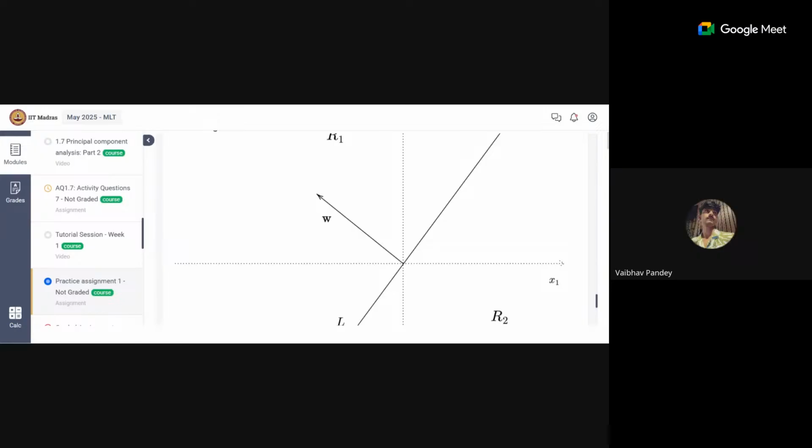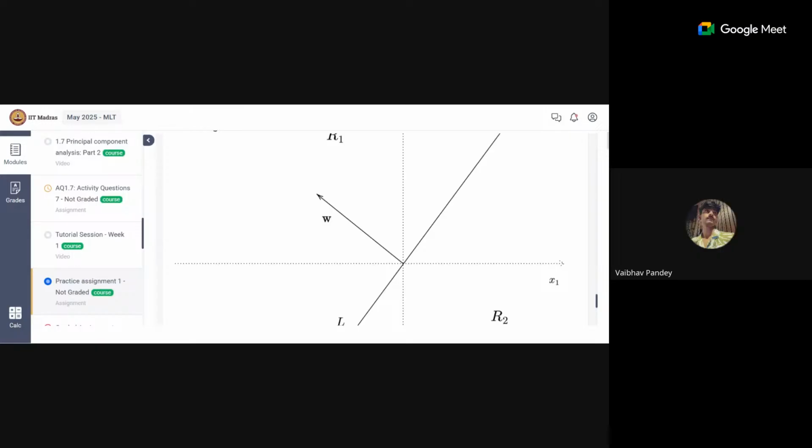Yes, ma'am. You tell me, what is the dot product of W and X? It is norm of W, norm of X cos theta, right? Yes, ma'am. And what is theta here? Theta is the angle between W and X, right?